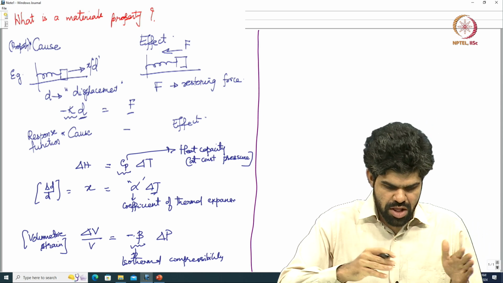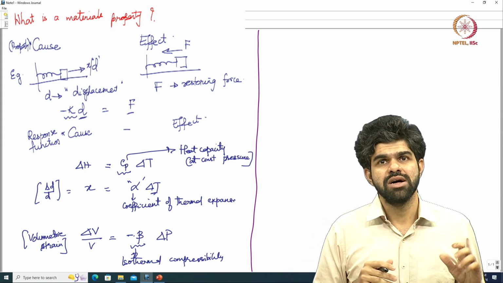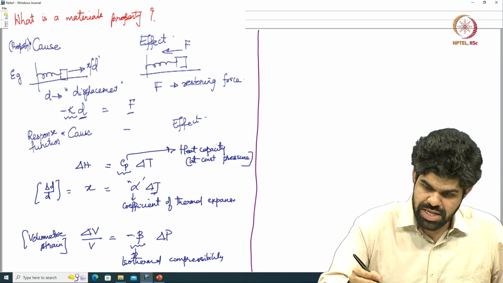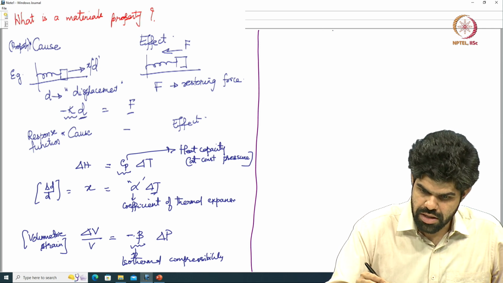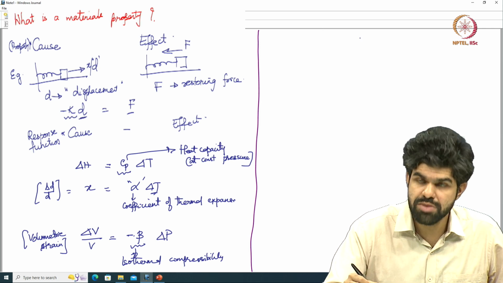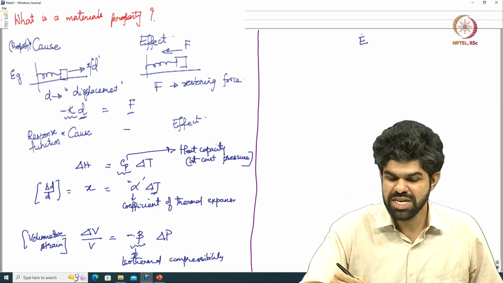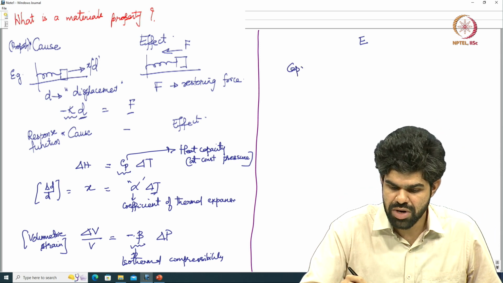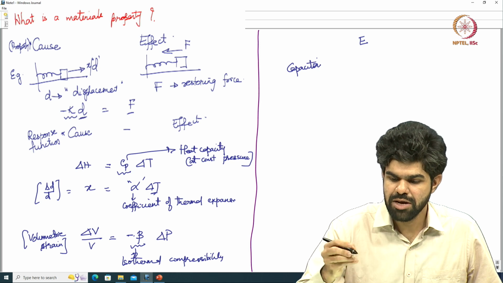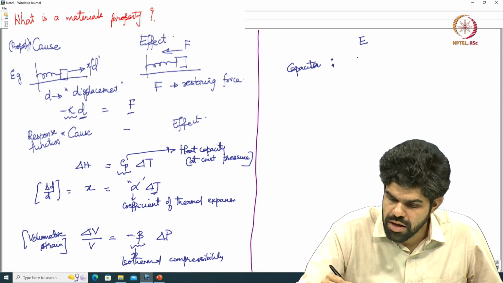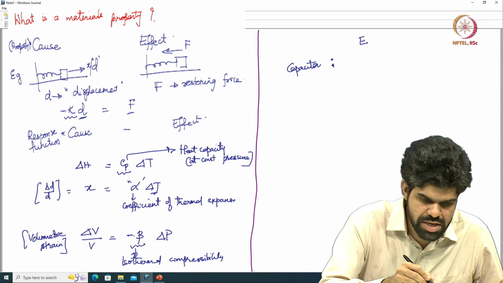Okay, so these are all mechanical thermal effects. Now let us look at what happens to a material when I apply an electric field, right. So this is my standard capacitor. What happens to a capacitor when I apply an electric field? Let me just write it completely.